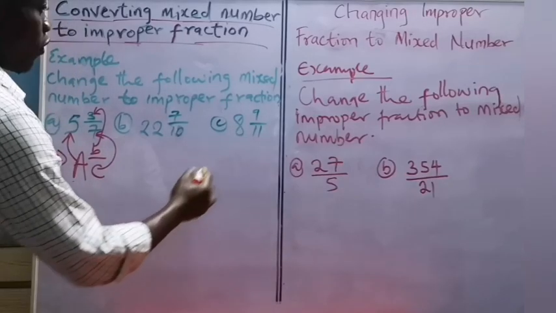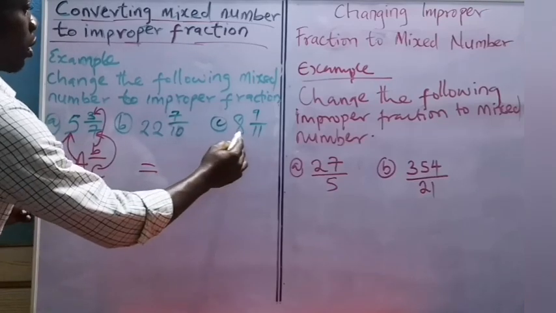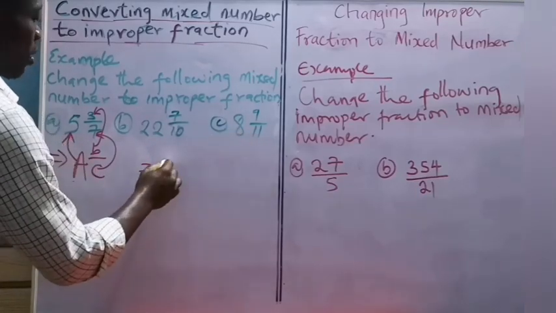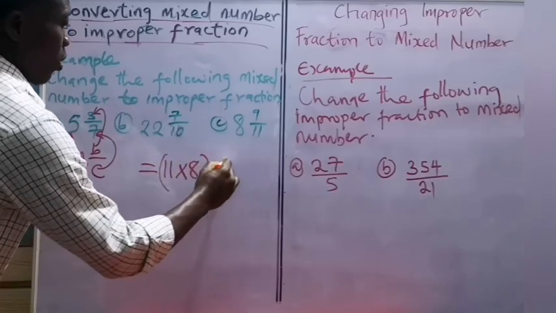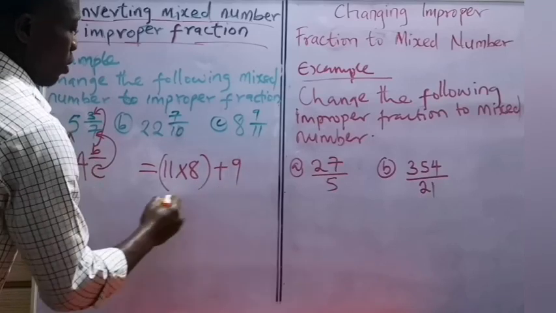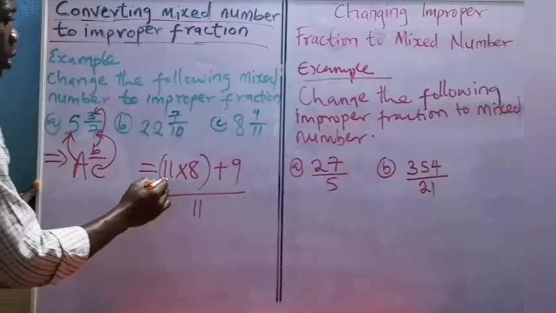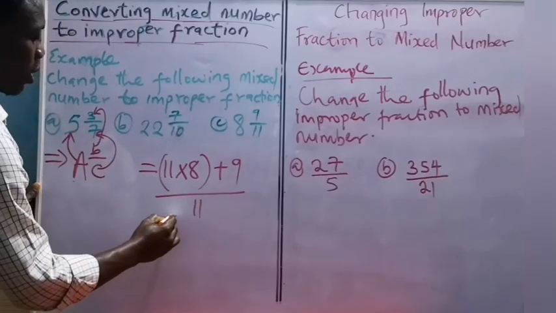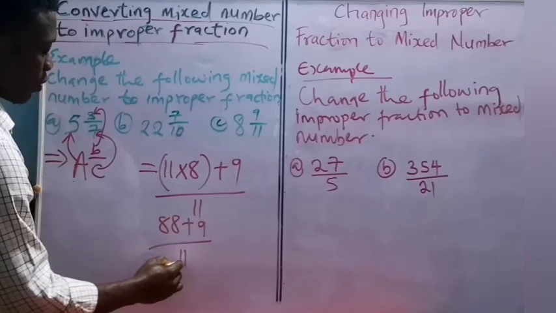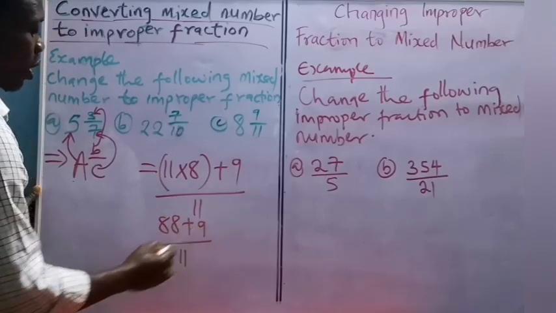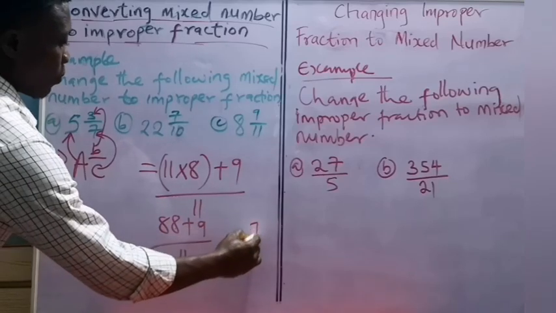Okay. For the last one, I have 11 times 8 plus the numerator all over 11. 11 times 8 is 88, then plus 9 all over 11. 88 plus 9, 8 plus 9 is 17.